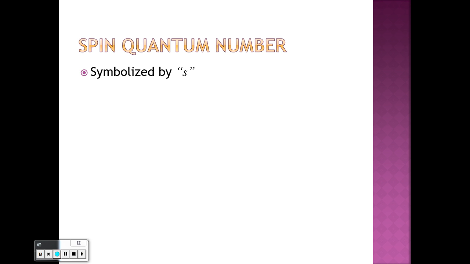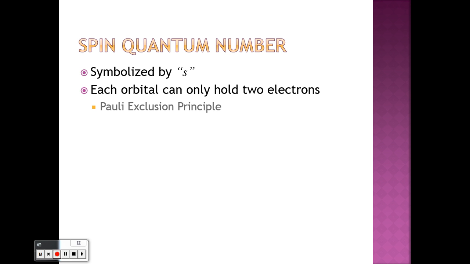So each one of those shapes that we drew on that picture only holds a limited number of electrons. The maximum number of electrons that each orbital can hold is 2.